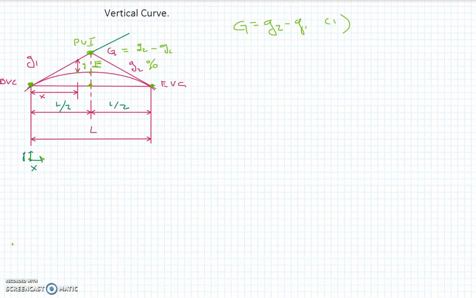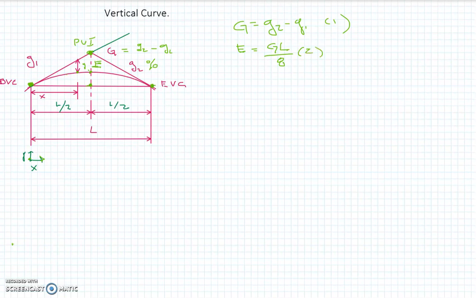The other equation that you need to know is how to find E, the distance or the offset between the vertical curve and the PVI, and this is equal to the difference of the slopes times the length of the curve divided by 8. This is my second equation.